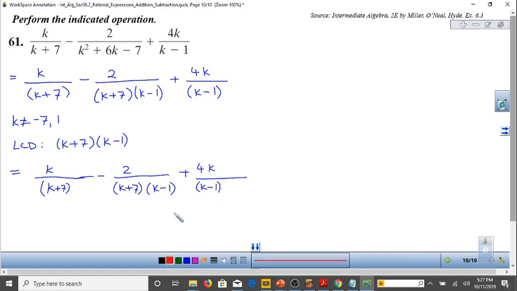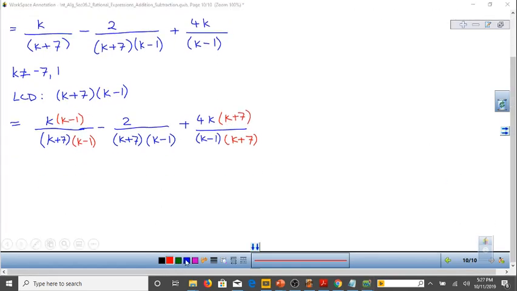From the least common multiple of the denominators, the LCD, we realize that the first fraction is missing a k minus 1 in the denominator, so we multiply it in the numerator and denominator. The second fraction isn't missing anything, so we don't need to adjust it. The third one is missing a k plus 7, so we'll multiply it in the numerator and denominator. Then we combine the fractions.